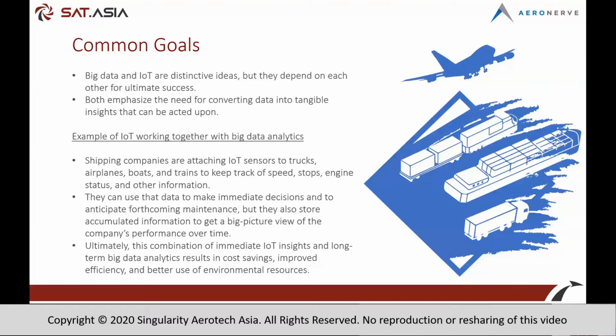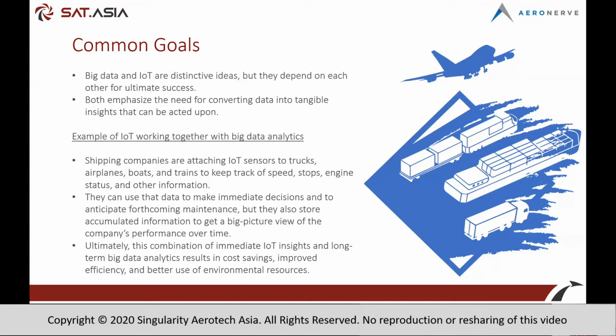Say, for example, you look at shipping companies. Shipping companies nowadays are attaching sensors on their trucks, and not just trucks. Sometimes they put them on the consignment, on the goods themselves, to keep track of information, such as where they are.